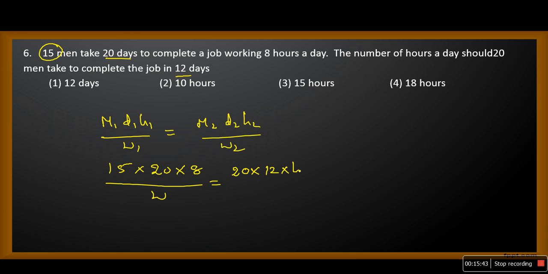We have to find hours, divided by the work. W cancels, and 20 and 20 cancel. 4 twos, 4 threes, 3 ones, 3 fives. So the number of hours they have to work is 10 hours per day. So the answer is option 2.